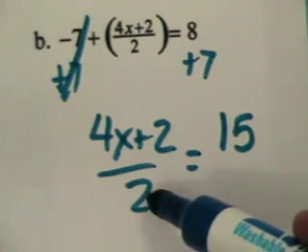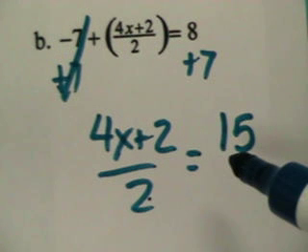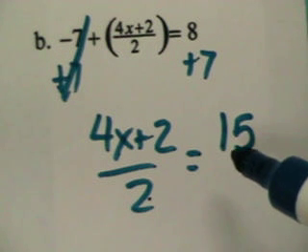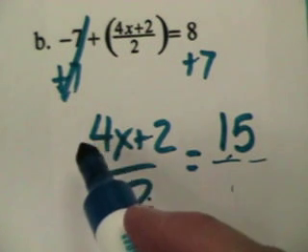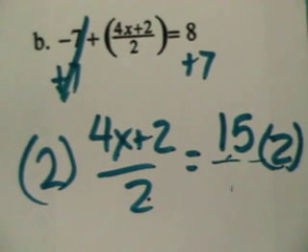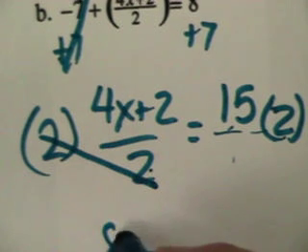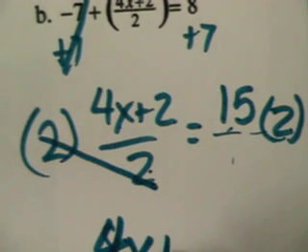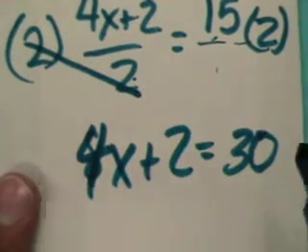I could multiply both sides by 2, which is what I think I'm going to do for this problem. I could make it a fraction and cross multiply. I'm just going to multiply both sides by 2. Those will cancel out, and I will get 4x plus 2 equals 30.